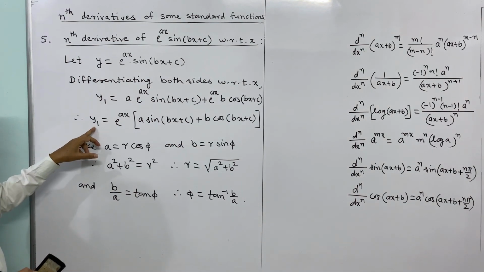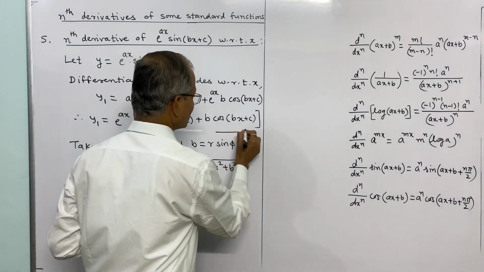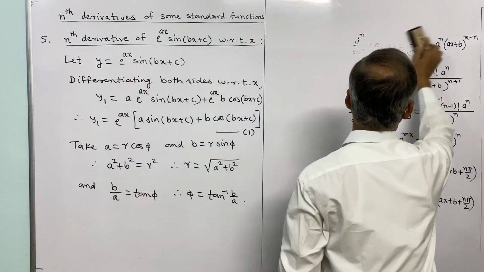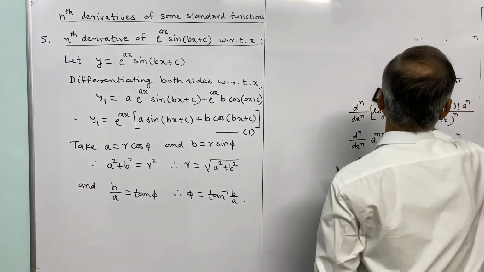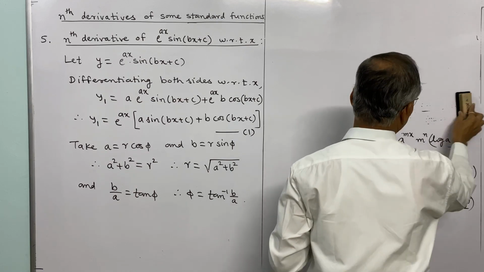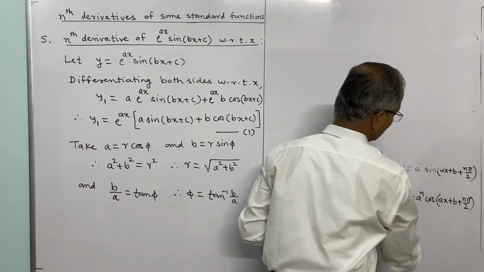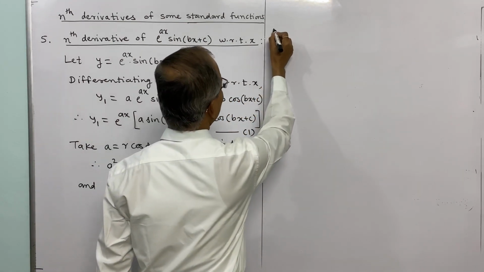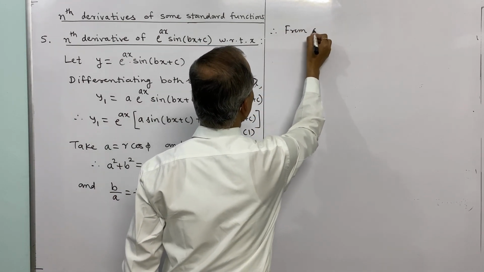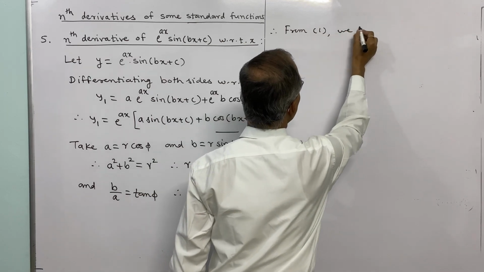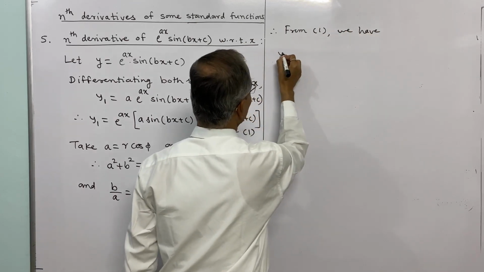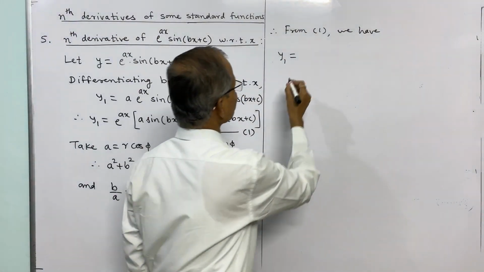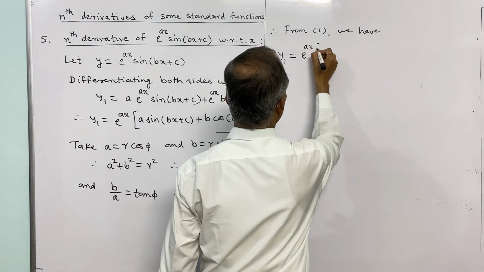Now see what y1 will be. We label this equation 1. Now put these values in 1 and we shall see what it will be. So further from 1 we have y1 is equal to e to the power ax into the bracket.